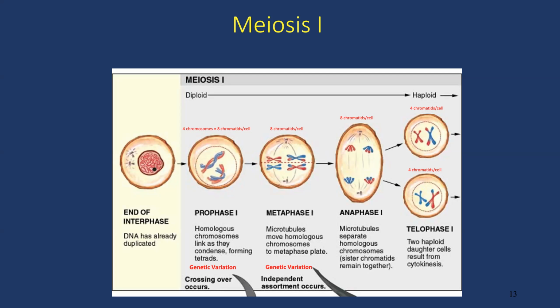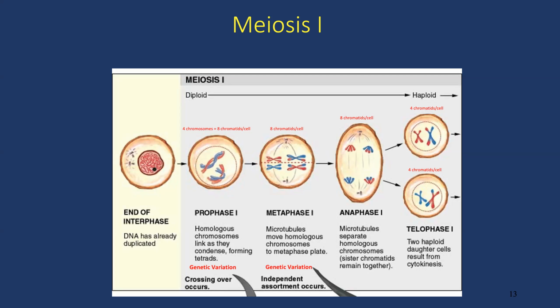So in interphase, the DNA has replicated. And you remember the 6 steps, the 6 enzymes that are involved in DNA replication. Those enzymes have done their jobs and they've replicated all the DNA and all the chromosomes during interphase.